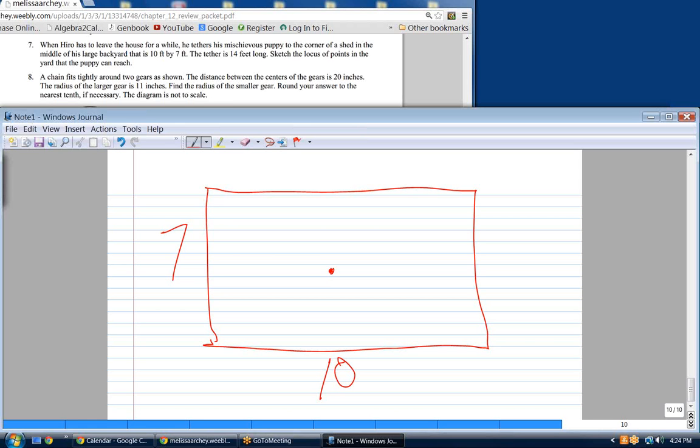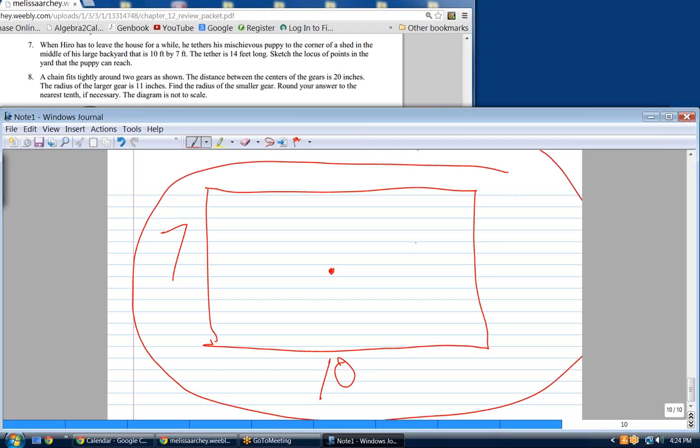Well, that tether doesn't do any good. He might as well not have his dog tethered at all. If the tether is 14 feet long, the circle is well outside the yard.